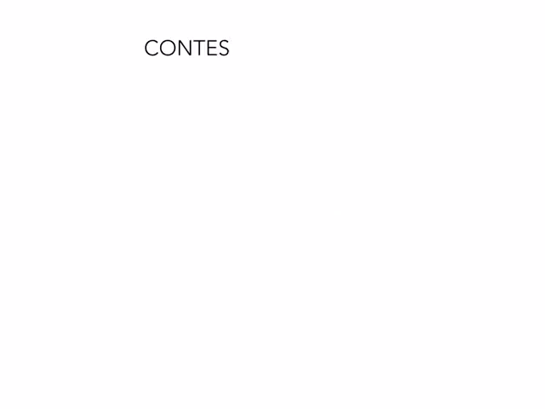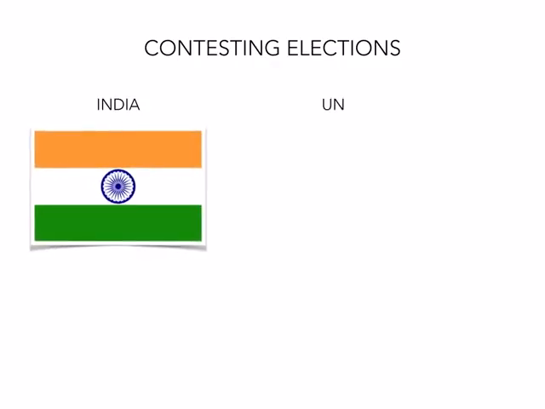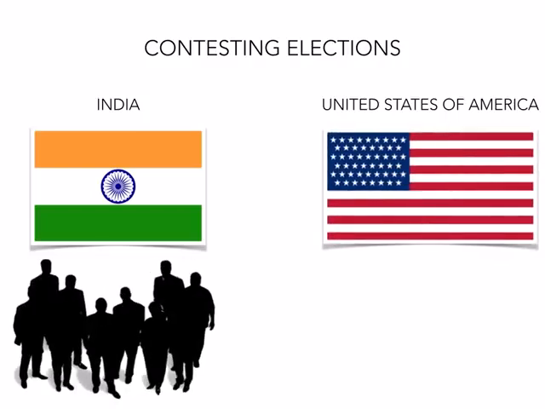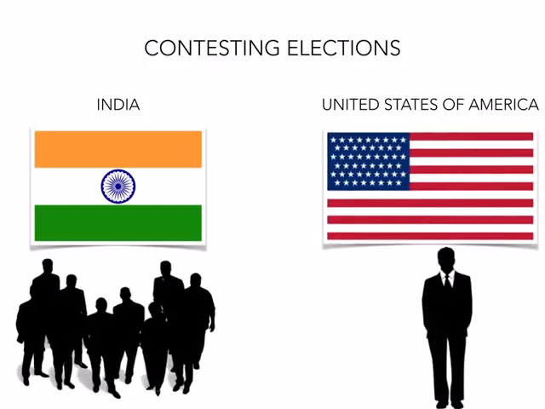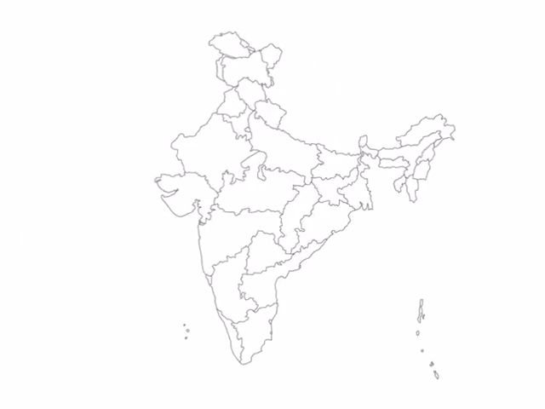In India, different political parties contest for elections, while in the United States of America, individuals from different political parties contest for elections. Each party nominates members from its party to contest in the Lok Sabha elections.